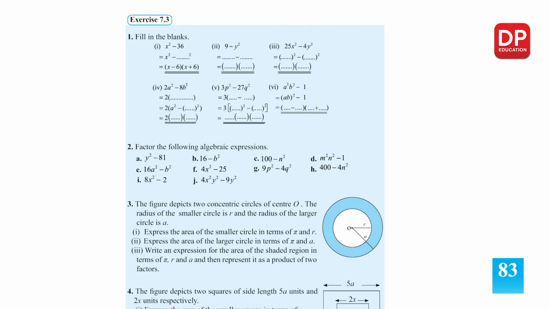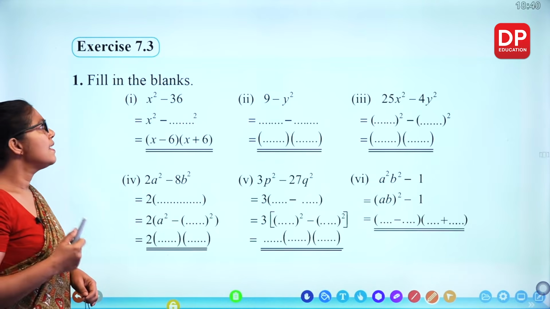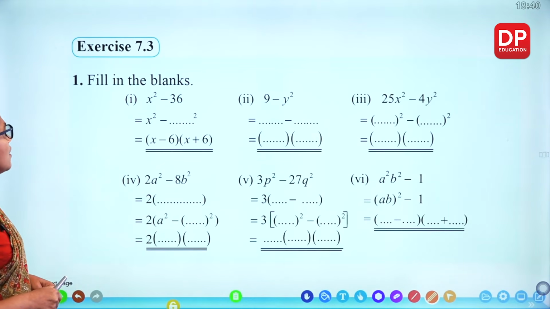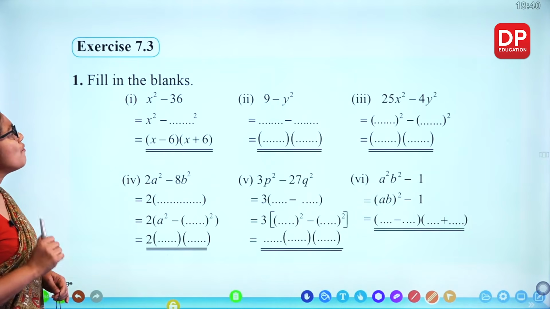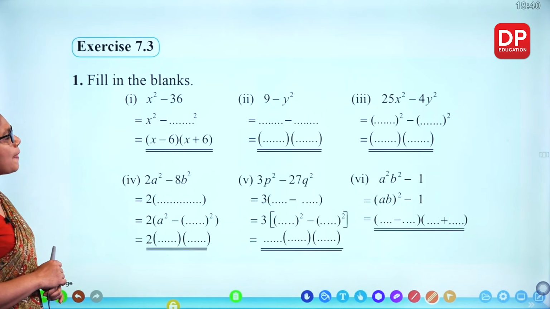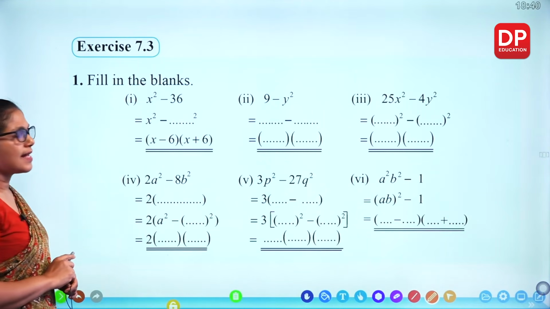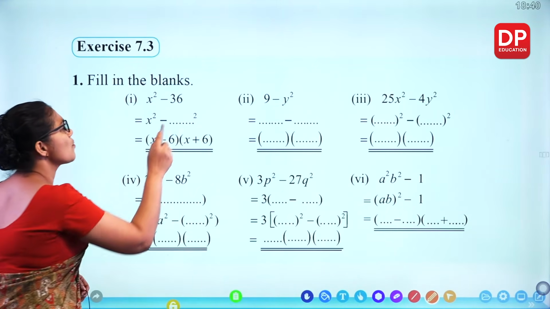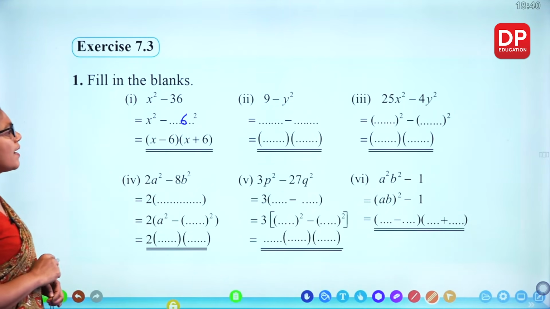Now we'll see the exercise in your textbook, that's exercise 7.3. So in the first one it says fill in the blanks. So 36 is there and you have to write it as a square number. So what's the square number? 6 squared.